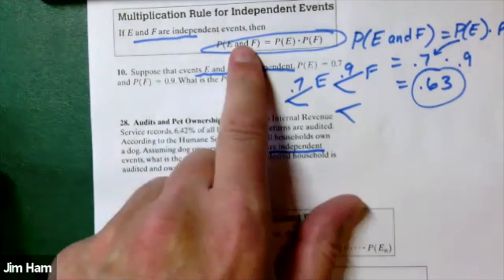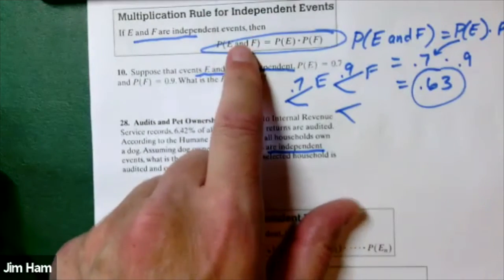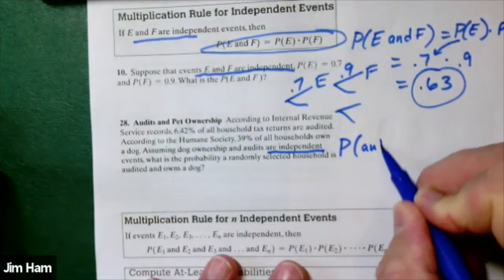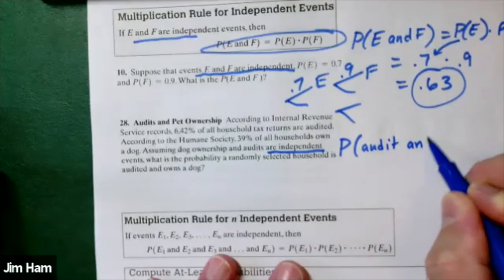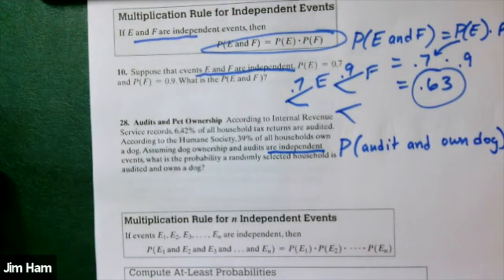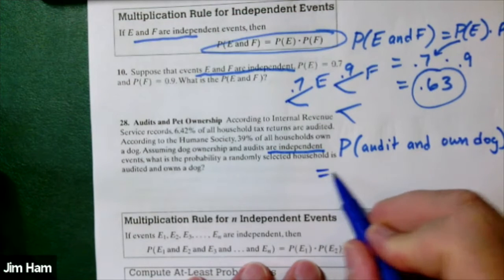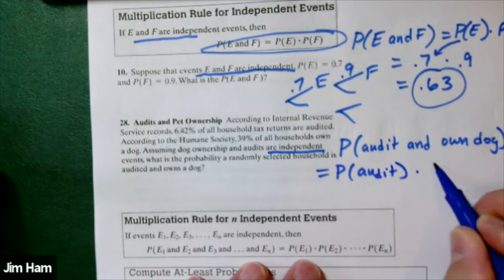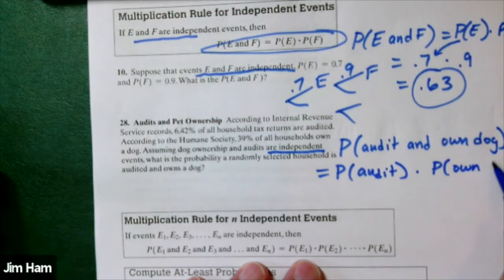So if they're independent, then we can use this version. The probability that you get an audit and you own a dog, since those two are independent, we can just take the probability that you get audited and multiply that by the probability that you would own a dog.